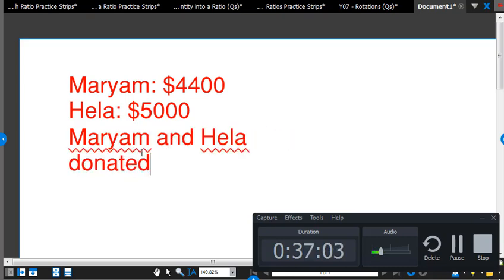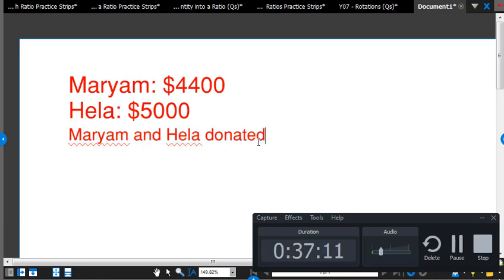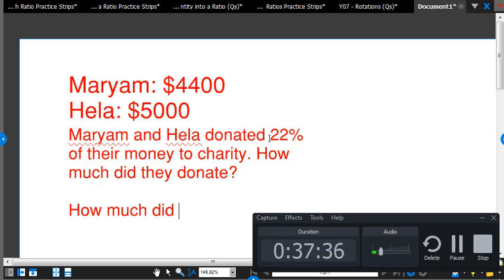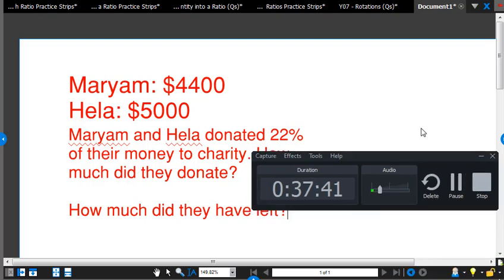Donated, let's say 22% of their money to charity because they're very kind. How much did they donate? And then let's just say, how much did they have left?